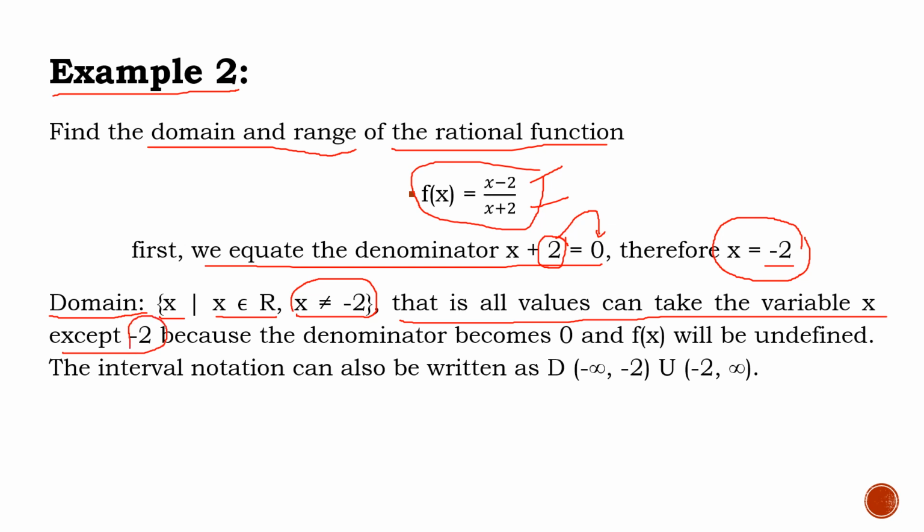So we're going to exclude this -2 from the values of the x variable that we're going to put as a value of your domain in the given rational function, because again, it provides you a value of the denominator which is equal to 0. And it makes your f of x, or your rational function, undefined.